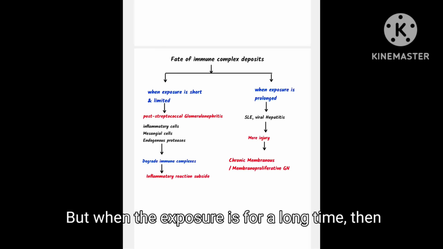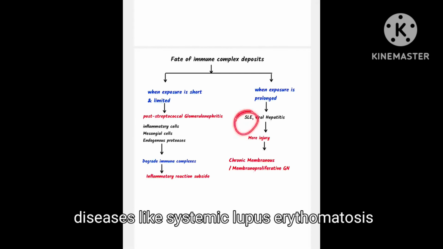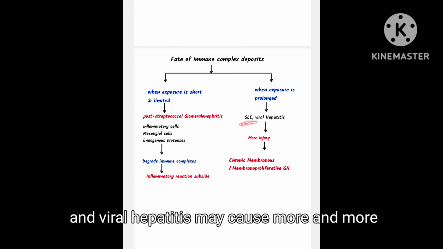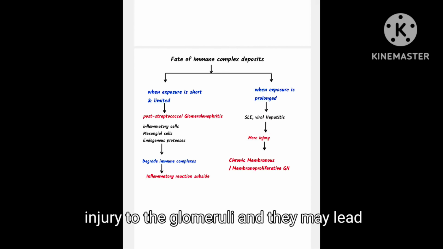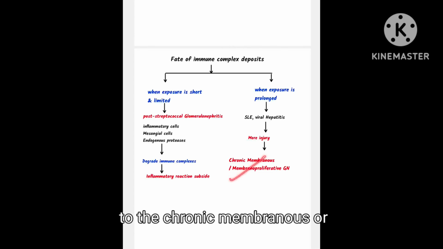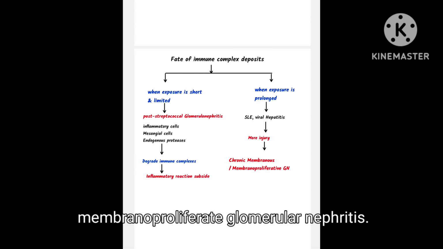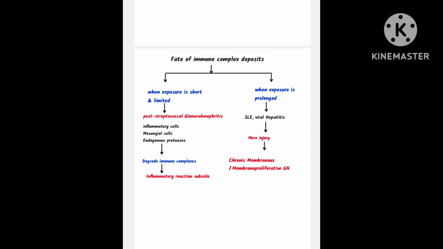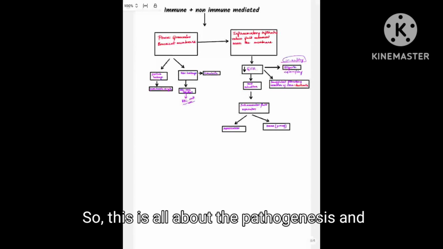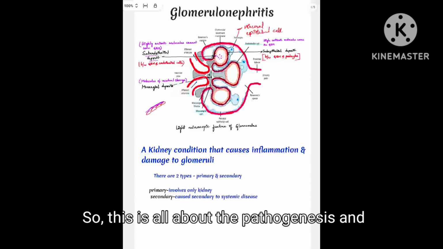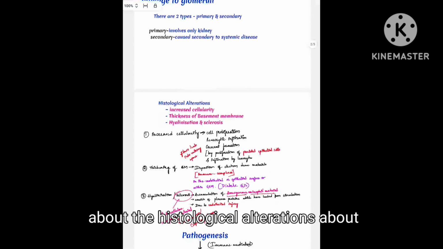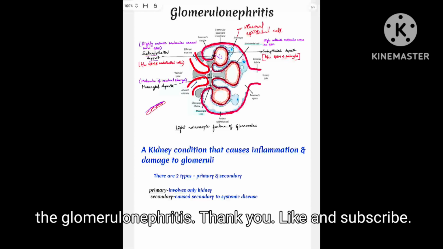But when the exposure is for a long time, diseases like systemic lupus erythematosus and viral hepatitis may cause more and more injury to the glomeruli, and they may lead to chronic membranous or membranoproliferative glomerulonephritis. So, this is all about the pathogenesis and the histological alterations of glomerulonephritis.